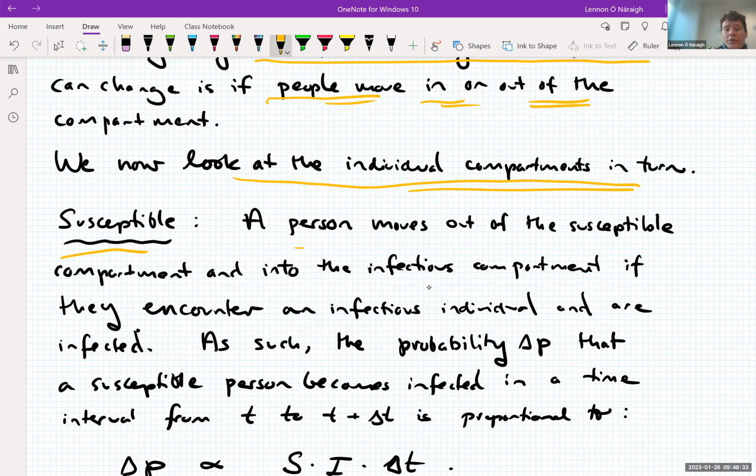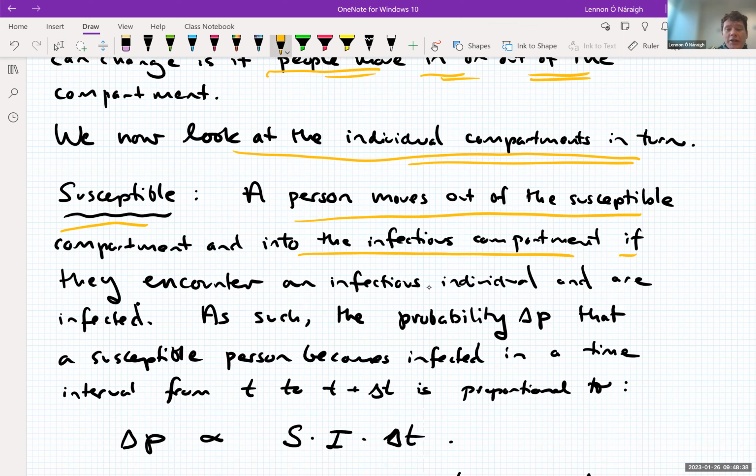So a person moves out of the susceptible compartment and into the infectious compartment if they encounter an infectious individual and are infected.